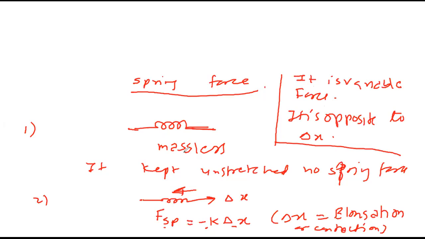Spring force is always minus k times elongation or contraction. It is variable and opposite to delta x.